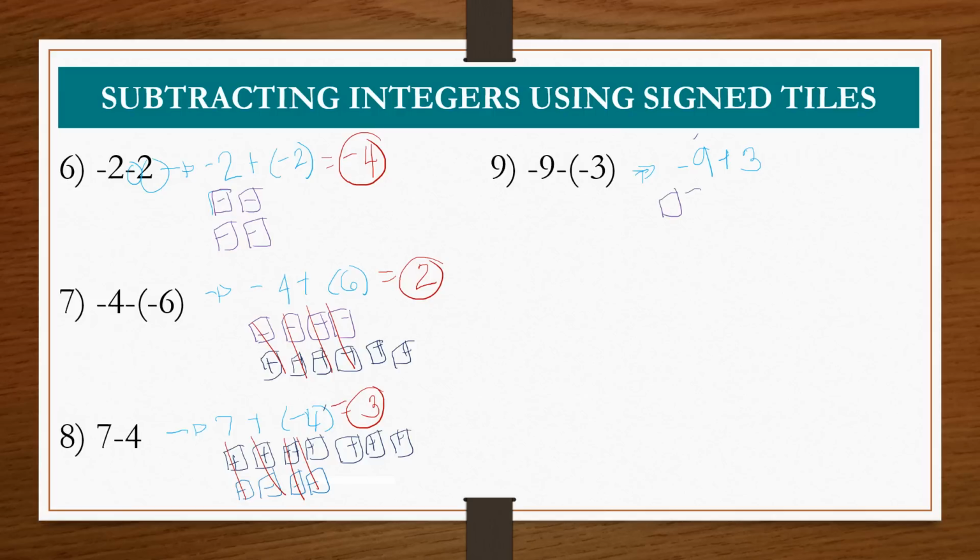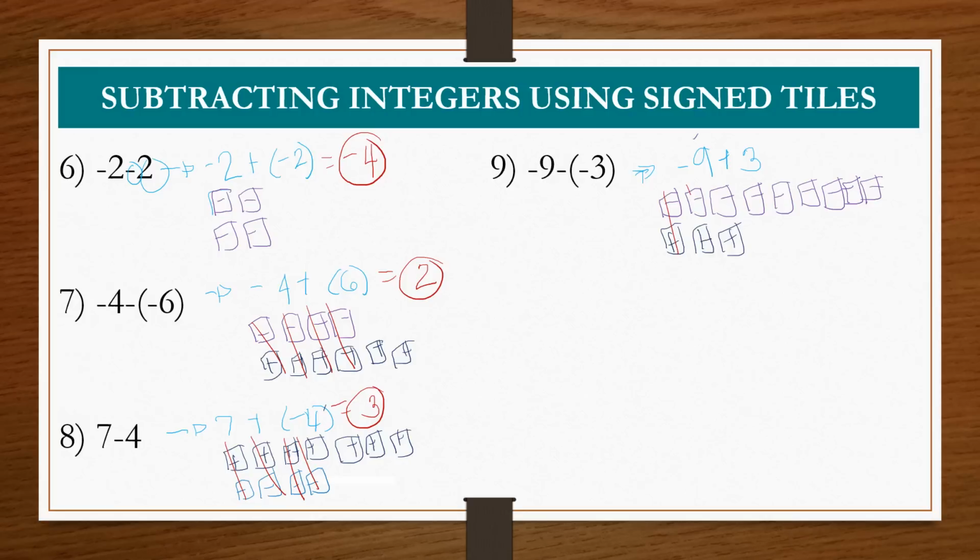So 1, 2, 3, 4, 5, 6, 7, 8, and 9. There you go. And then for positive 3, let's draw 3 positive tiles. 1, 2, and 3.